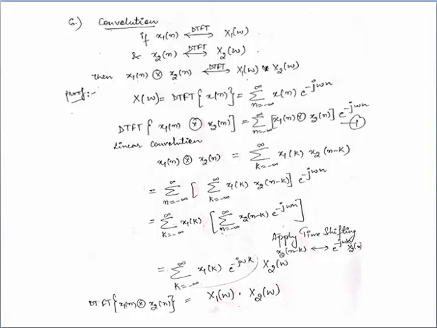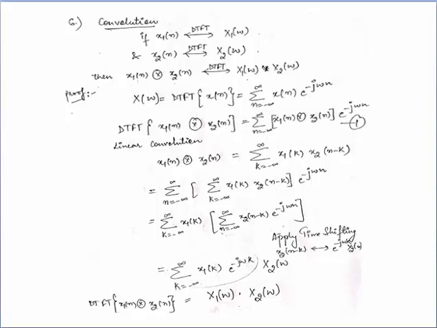So equation number 1 becomes summation n tends to minus infinity to infinity into summation k tends to minus infinity to infinity x1 of k into x2 of n minus k into e raised to power minus j omega n. Now take the k terms outside the bracket.